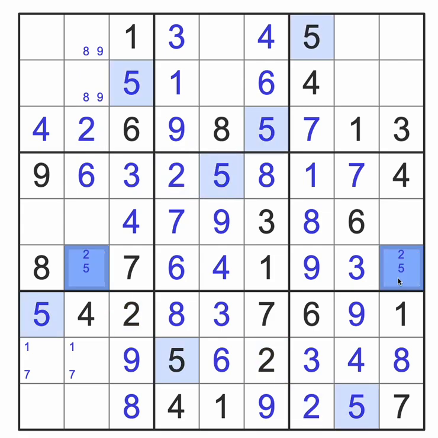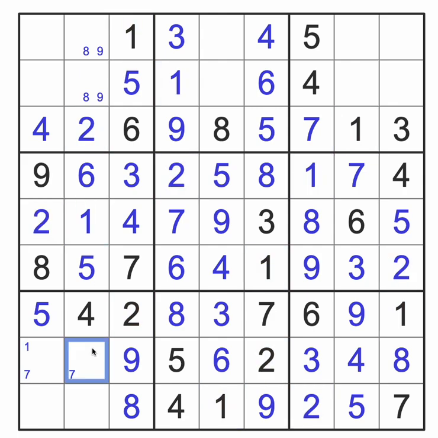These are 2 and 5, and 2 makes this cell 5, gives me 2 and 5. And this 2 blocks this cell, gives me 2 and 1. That gives me 7 and 1.